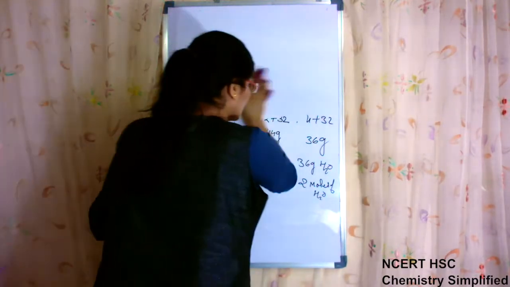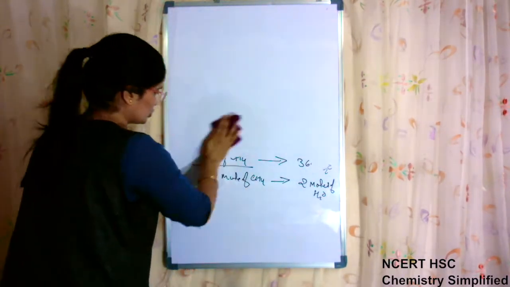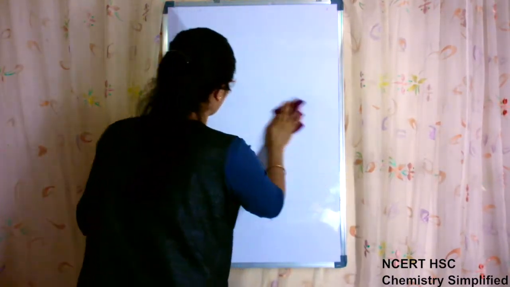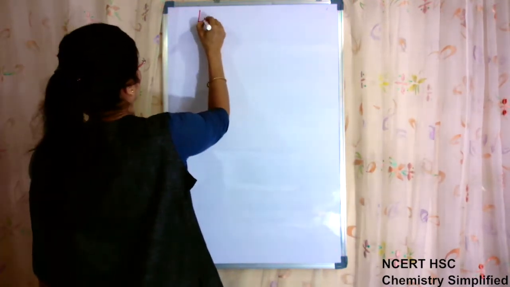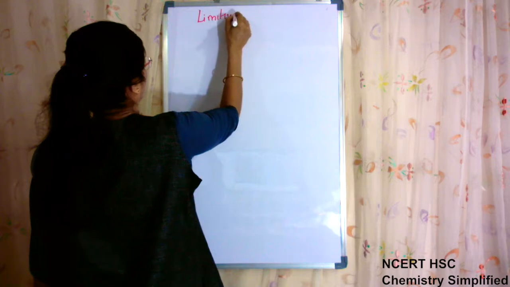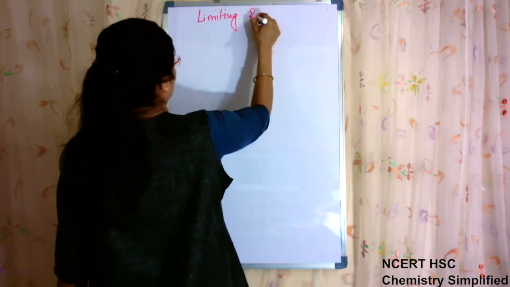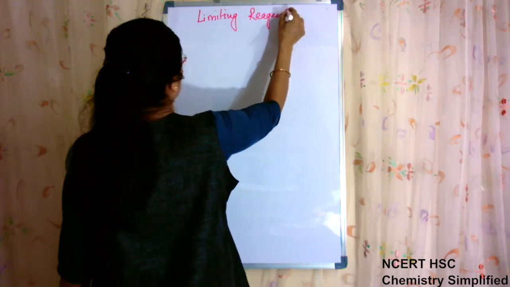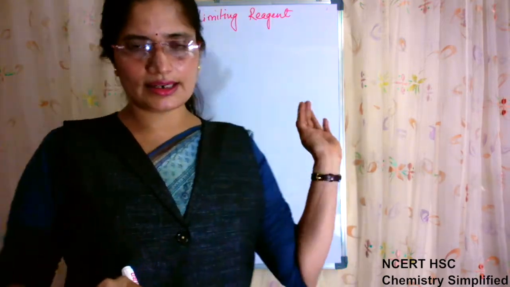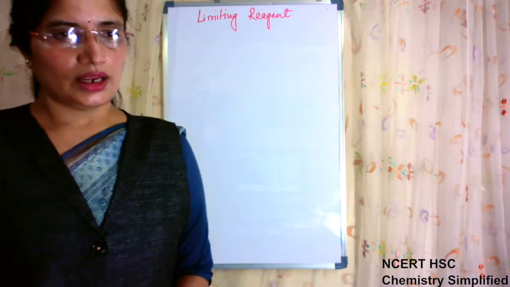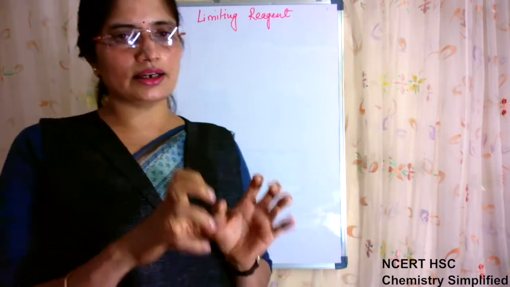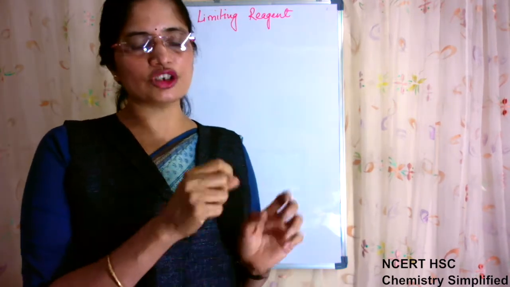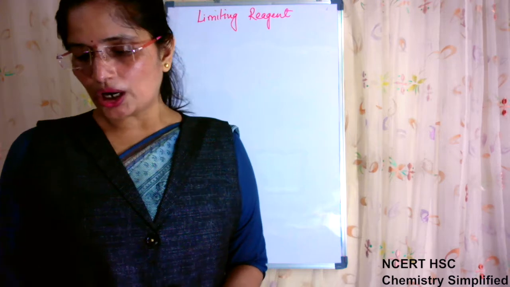Now, during stoichiometric calculations, one important factor is the limiting reagent. What is the meaning of limiting reagent? Just now we had seen one equation. In that equation there was a certain fixed amount of reactants giving the product.